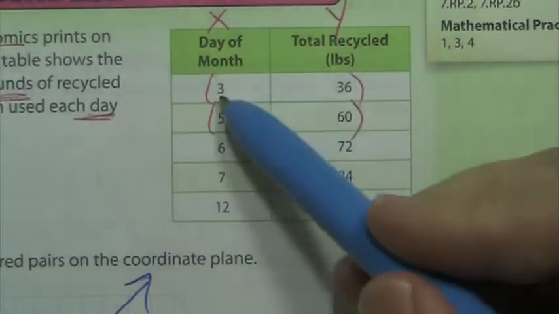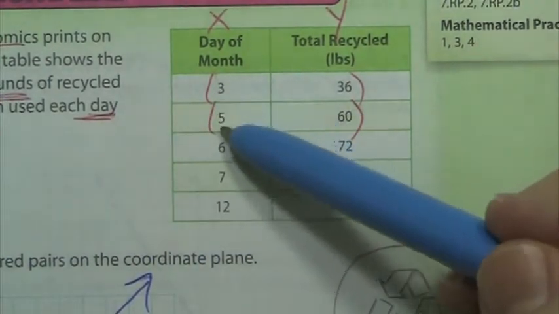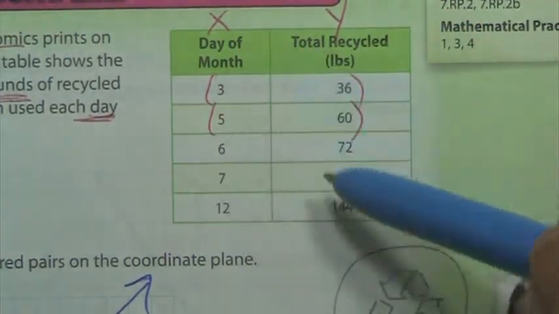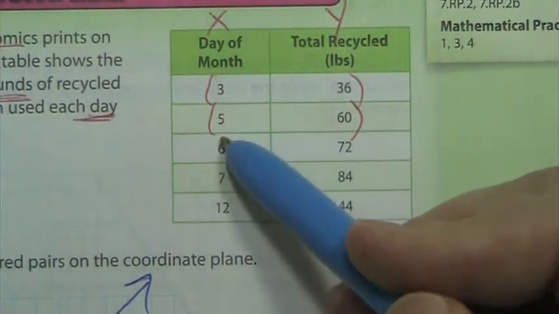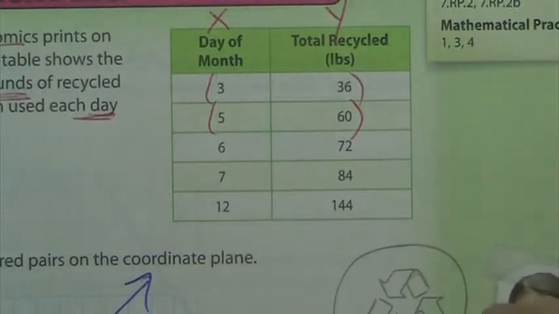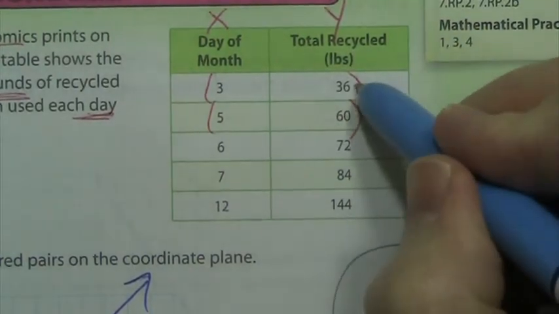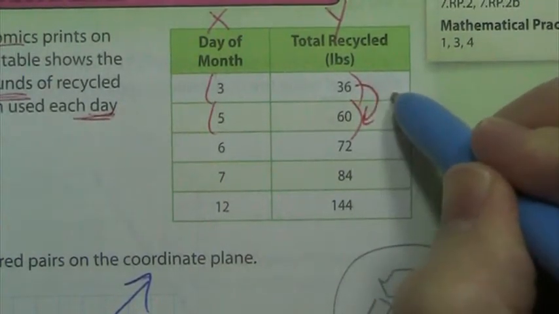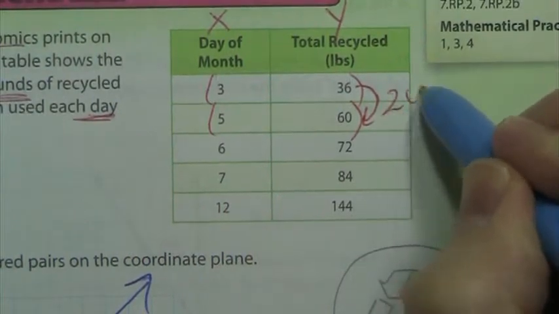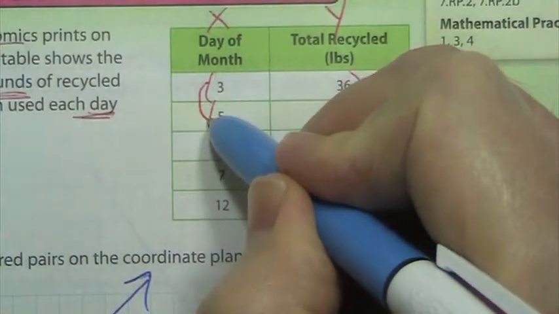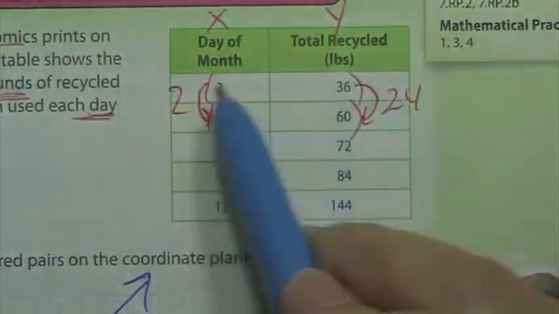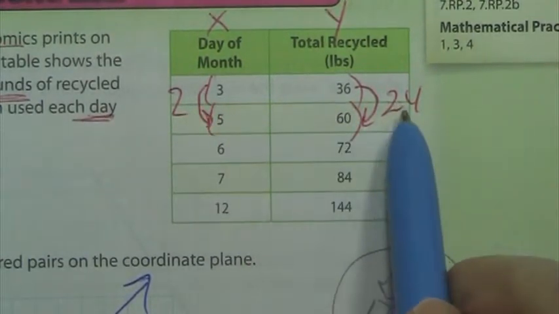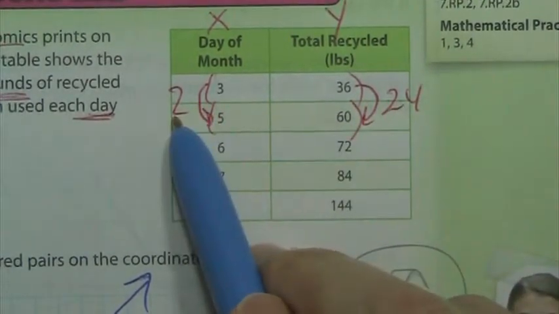Just real quick, sometimes the numbers aren't nice and consecutive. Like 3, then it skips to 5, 6, 7, then it skips to 12. So if I looked at this, 36 to 60, that is 24. 3 to 5, that's 2. 24 divided by 2 is 12.